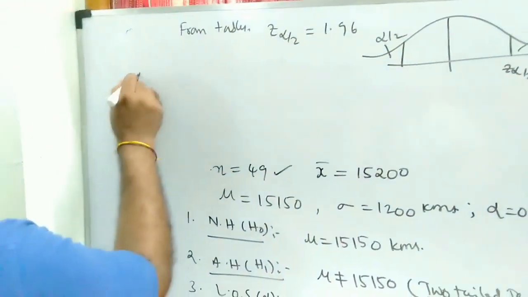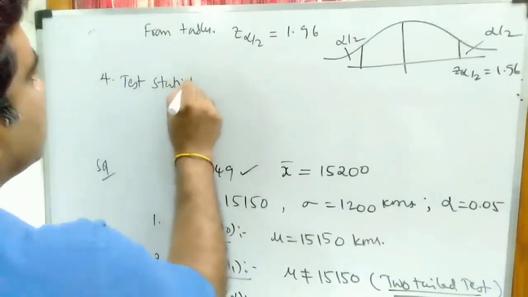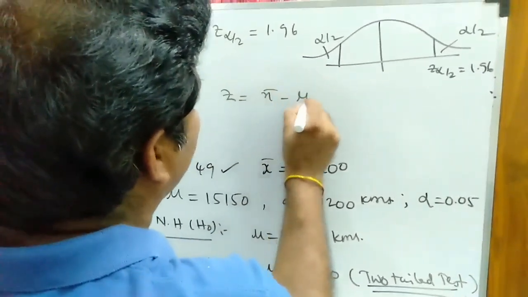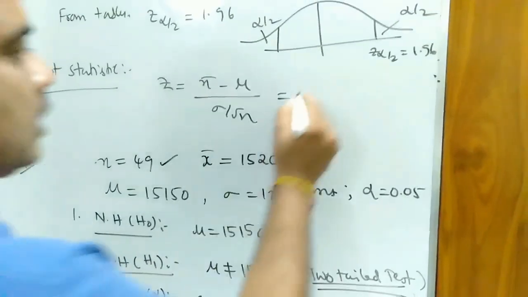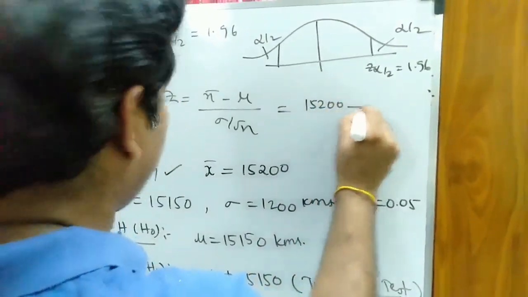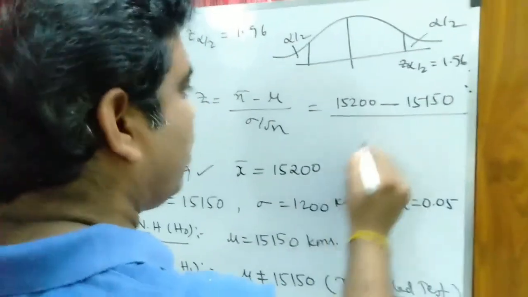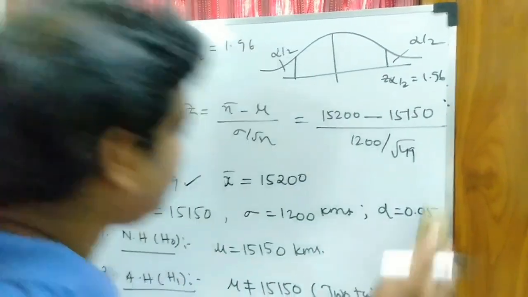Next step, the fourth step, test statistic. So here we see the value of Z. Z is equal to the formula x bar minus mu by sigma by root n. So x bar 15,200 minus mu value 15,150 by what is sigma, 1200 by root 49.